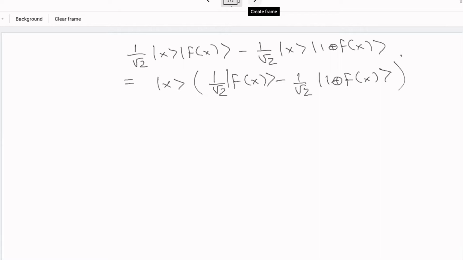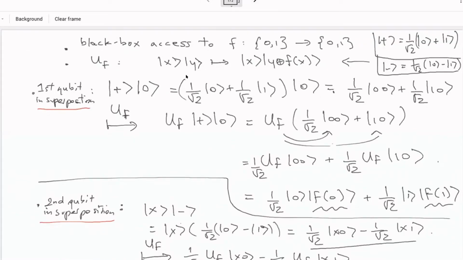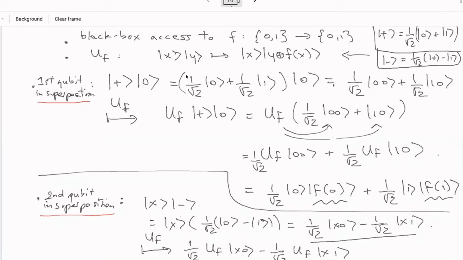When you had plus and 0, the result of this was f0, and why is there no parity symbol somewhere, because U sub f maps x and y to x and the parity.